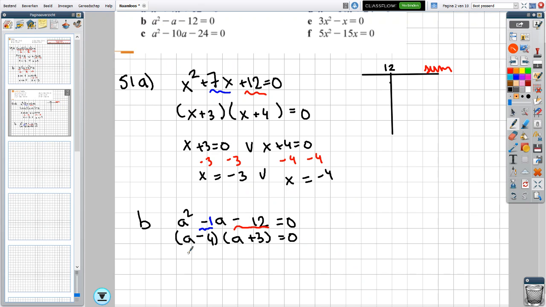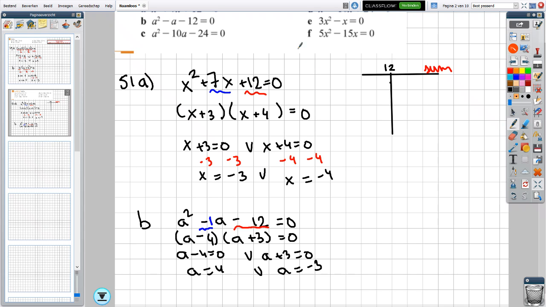Which means that in this case I get a -4 equals 0, this first thing, or a +3 equals 0. So you could say a equals 4 or a equals -3. Do you see why this is true, this last step? Here I've added +4 to the left hand side, but also +4 to the right hand side. And here I did -3 to the left hand side, so I must do that to the right as well.